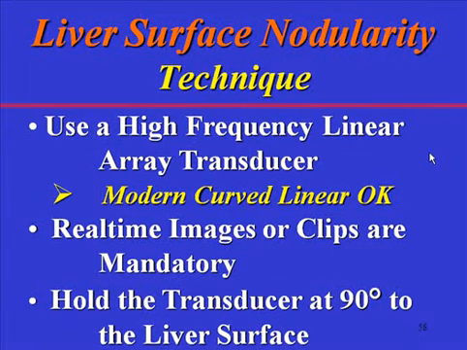And we scan longitudinally in the midline, looking for the ventral surface of the left lobe of the liver. As I said, real-time images or clips are mandatory. You have to be careful to hold the transducer so that the beam is at 90 degrees to the liver surface, because if it's not at 90 degrees, you can get erroneous results.